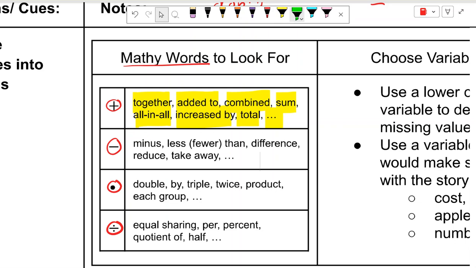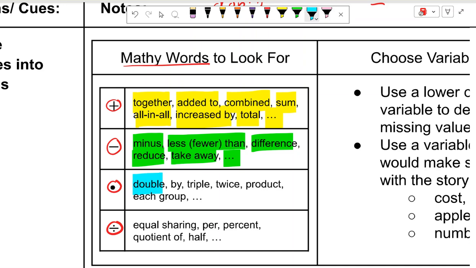For subtraction, we have another set of words: minus, less than, fewer than, the difference, reduce, take away, and more, meaning there are so many more words out there that mean to subtract.